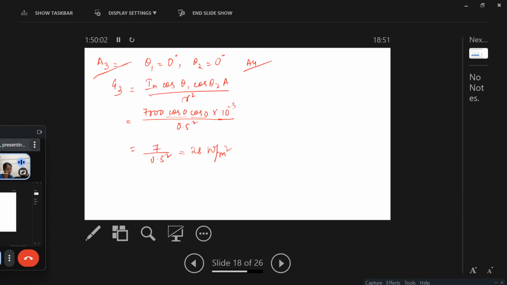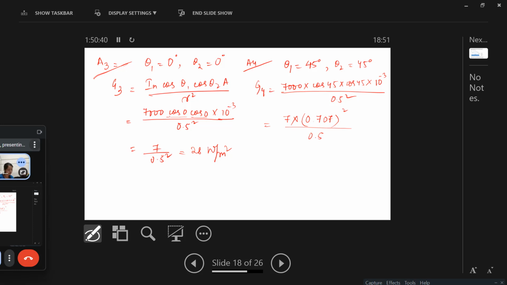So theta 1 and theta 2 both are 45. Cos 45 is 0.707 square, 0.5 square.